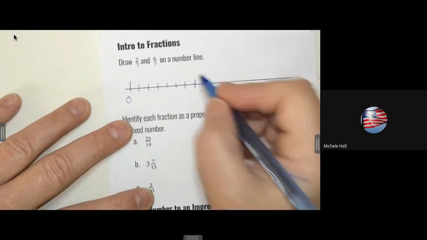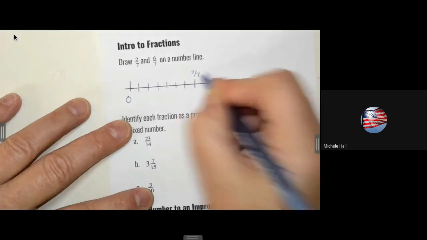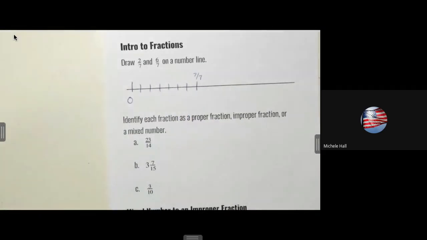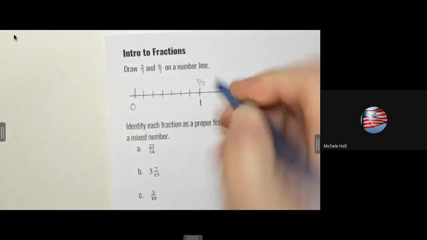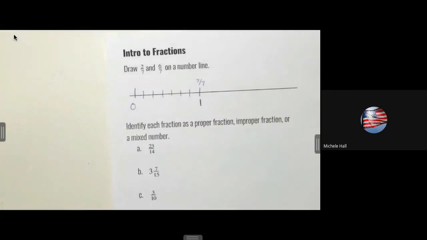How much is 7/7? Why did I stop at 7/7 and not go 8/7, 9/7, 10/7? It's 1 whole. I'm going between 0 and 1, so I just counted until I got to 7/7.